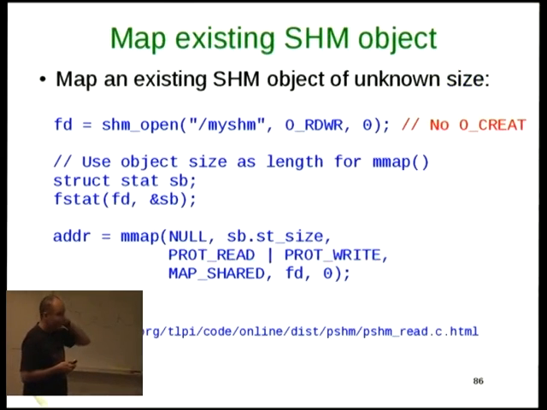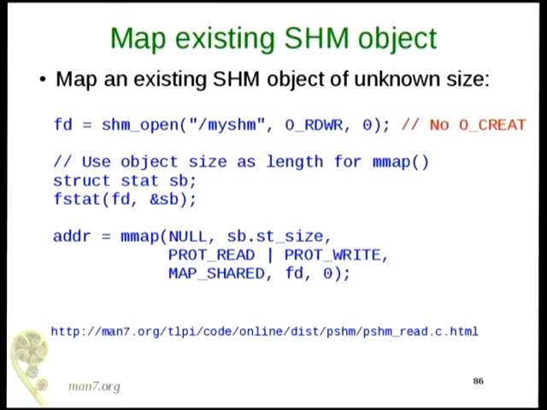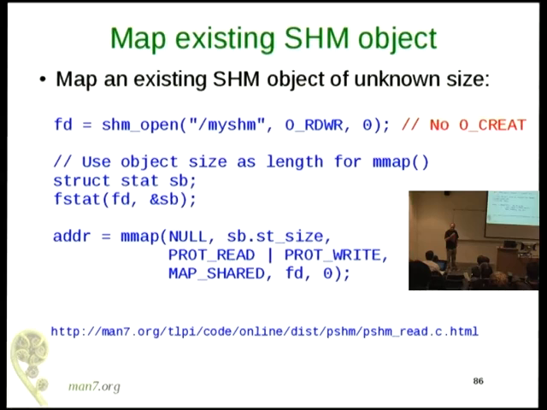Now if you've got an existing shared memory object, things look slightly different. You say open it, there's the path name, I'm going to read and write that object, 0 for the mode because I'm not creating the object, so I have to specify 0 there as the permissions.